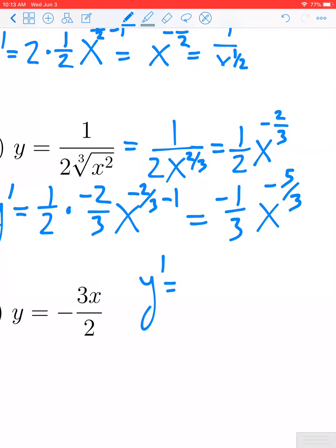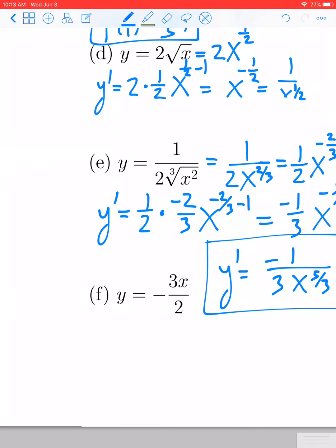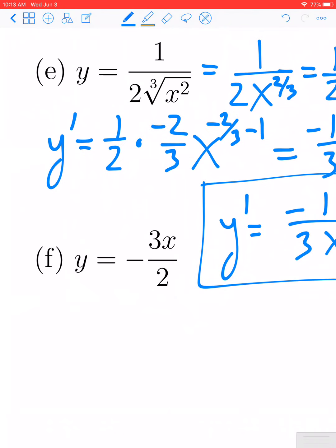So y prime is equal to, we have a negative 1 over 3, and we're going to bring that x to the 5/3 power into the denominator in order to make the exponent positive. So there we have it. Y prime equals negative 1 divided by 3x to the 5/3 power.